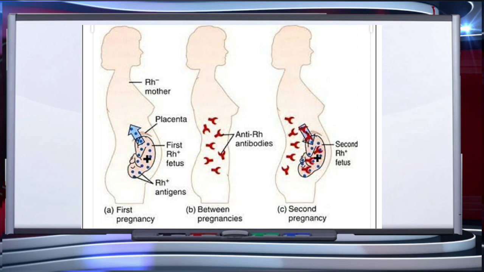This could be fatal to the fetus or could cause severe anemia and jaundice to the baby. This condition is called erythroblastosis fetalis. This condition can be avoided by providing anti-Rh antibodies to the mother immediately after the delivery of the first child.